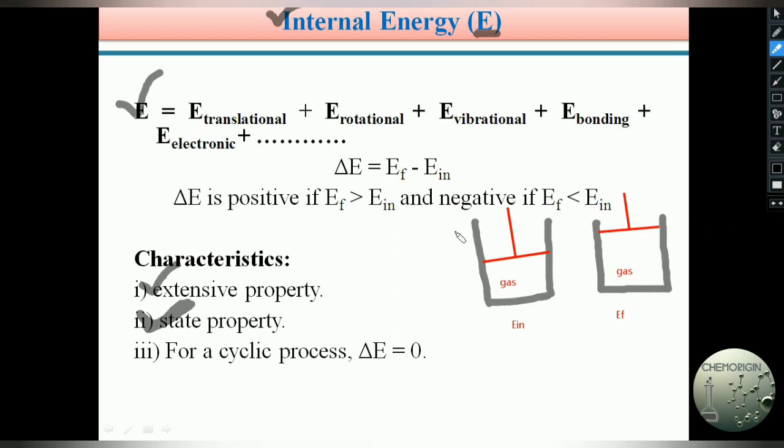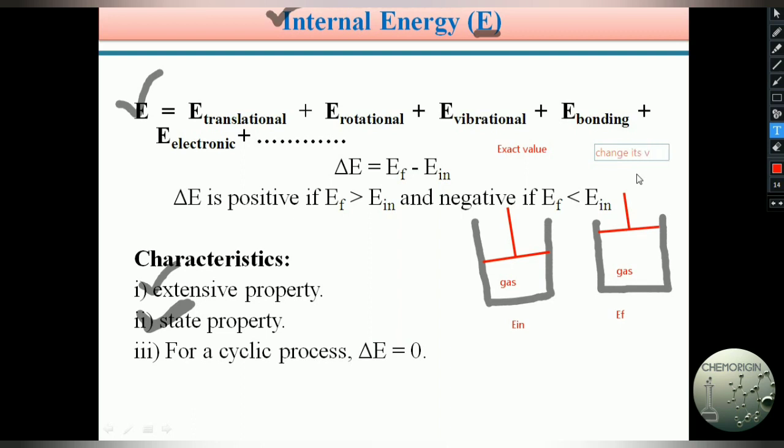That's why it is not possible to calculate the exact internal energy of a system. Hence, it is not possible to calculate the exact value. That's why we can calculate the change in internal energy value. Whenever it is not possible to calculate the exact value, we can calculate the change in its value.